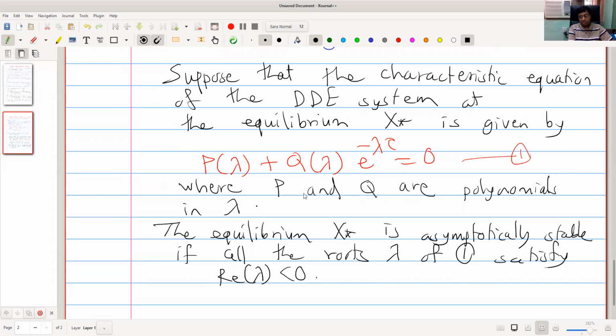What is meant by an unstable equilibrium point? For the unstable case, there is at least one eigenvalue lambda which lies on the right half of the complex plane, meaning there exists at least one eigenvalue lambda for which the real part of lambda is greater than 0. In that case, we say that it is unstable.